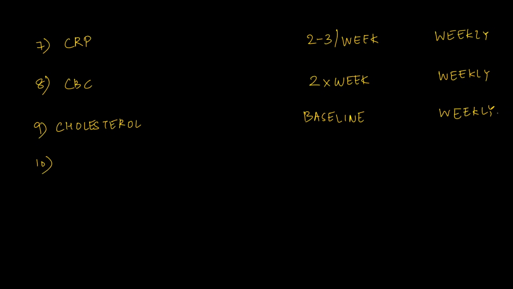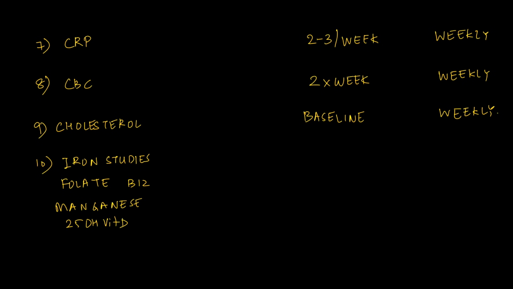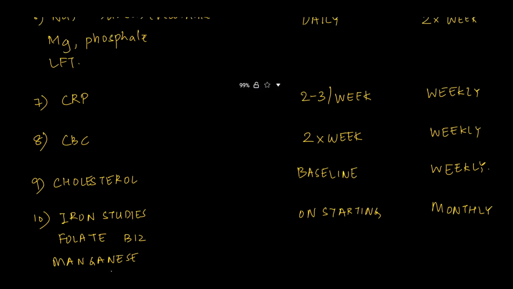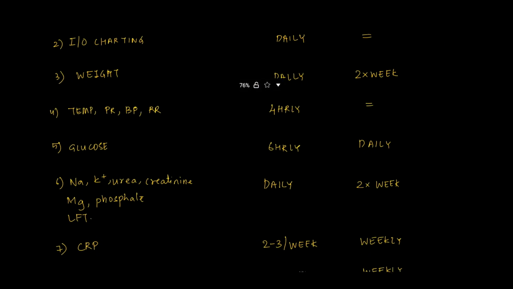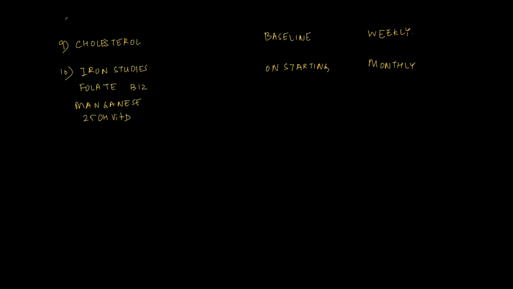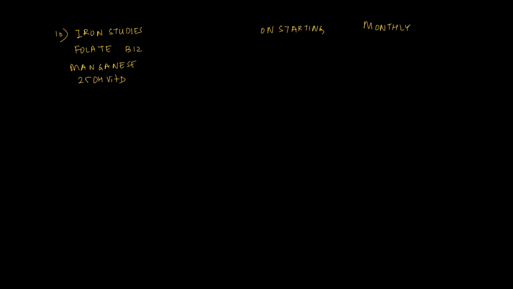Other trace elements like your iron studies, folate, B12, manganese if available, and vitamin D, initially done on starting the parenteral nutrition and then done monthly. So these are the monitoring that needs to be performed in a patient who is on parenteral nutrition and the frequency of such monitoring. Next, moving on to the complications of parenteral nutrition.